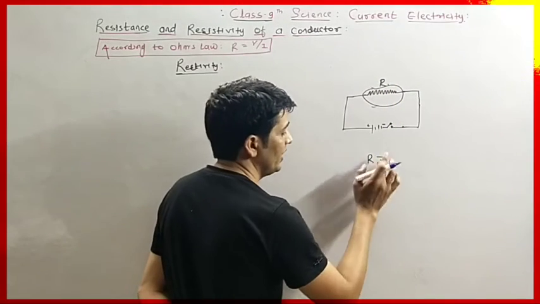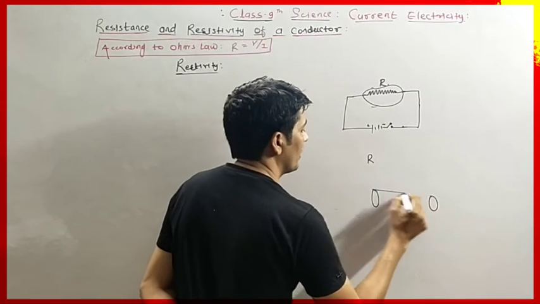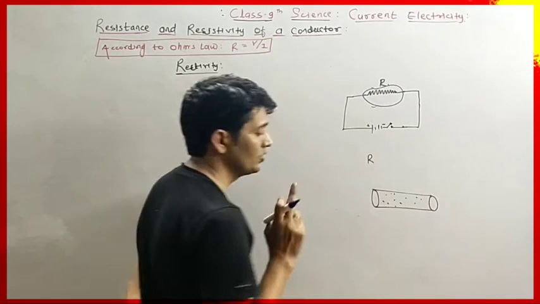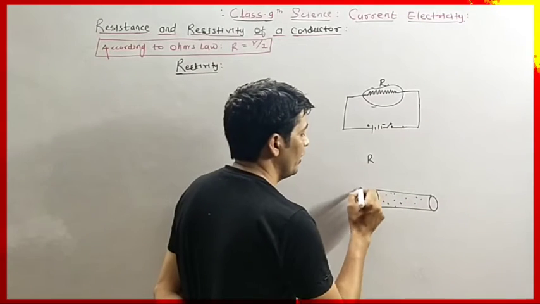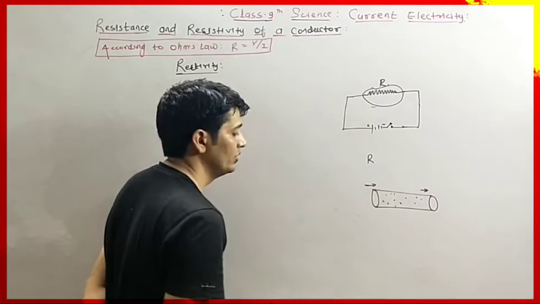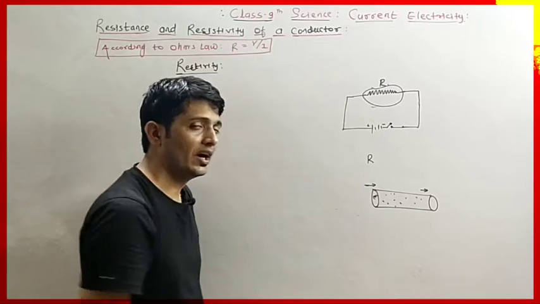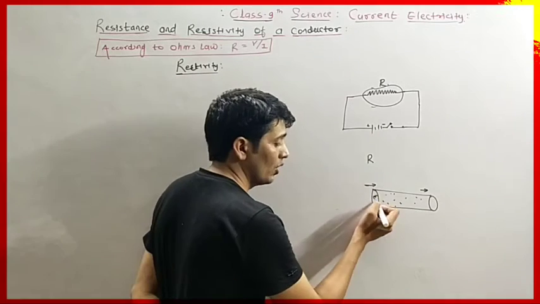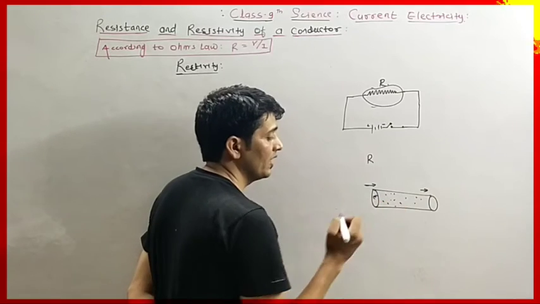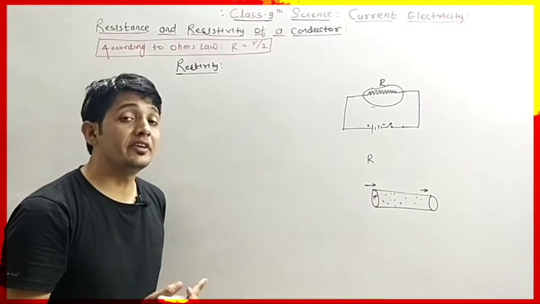So for resistivity, suppose this is the conductor which has resistance to oppose the current, and the current is flowing in this direction, that means electrons carry charge from this part to the other part. When electrons move through the conductor, they collide with other particles present in the conductor, or electrons collide with electrons.